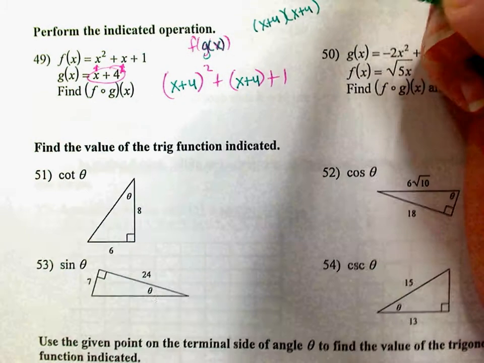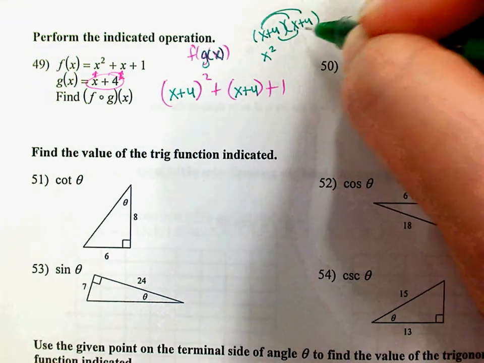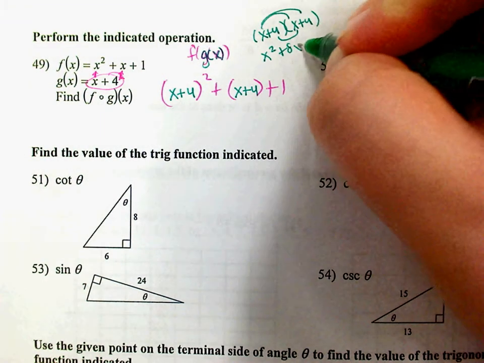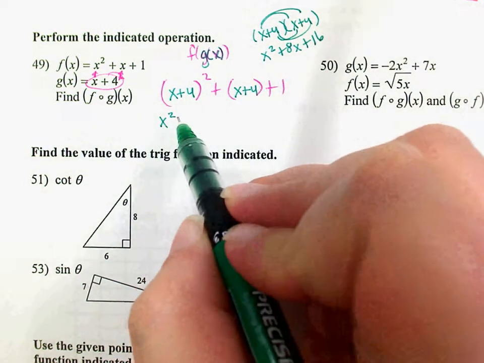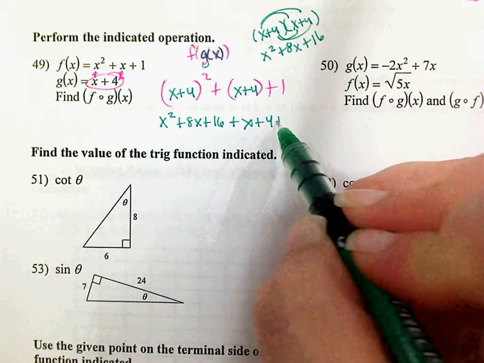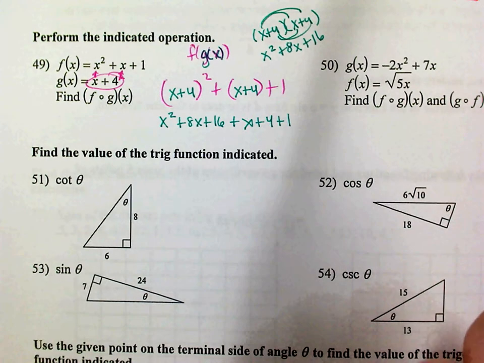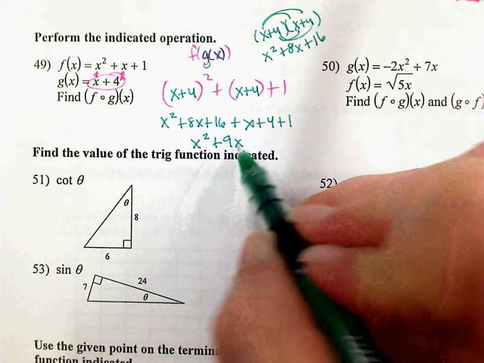X squared plus 4x plus 4x, so plus 8x and then plus 16. So I've got x squared plus 8x plus 16 plus x plus 4 plus 1. Final answer? X squared plus 9x plus 21.